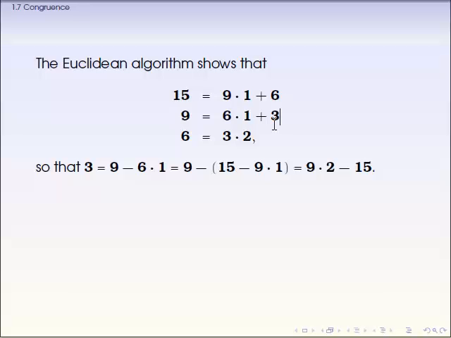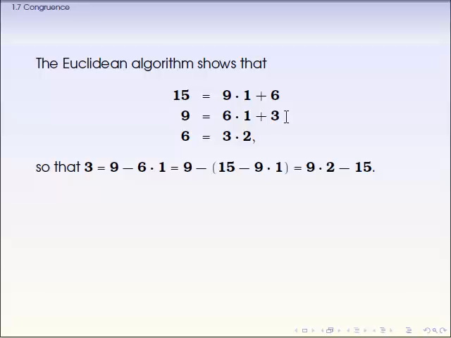We keep doing this until we get the remainder 0. So we divide 6, the remainder of the previous equation, by 3, the remainder from that equation. So 6 is 3 times 2, and finally we get the remainder 0.